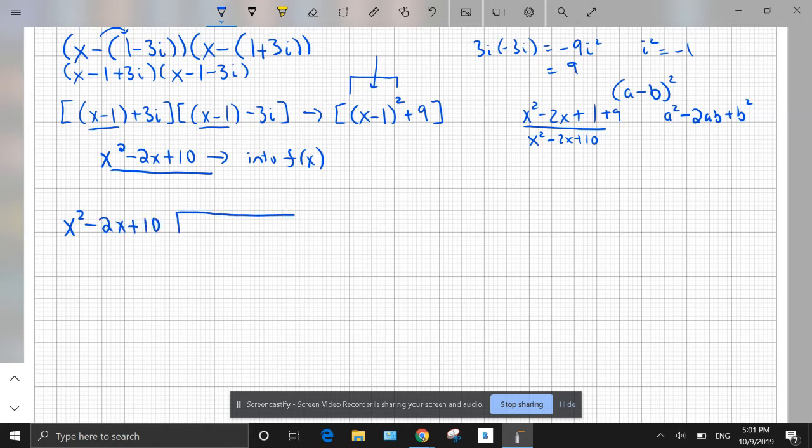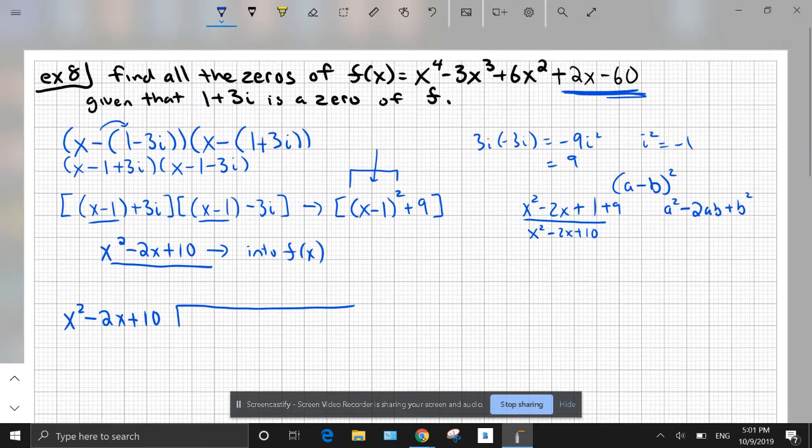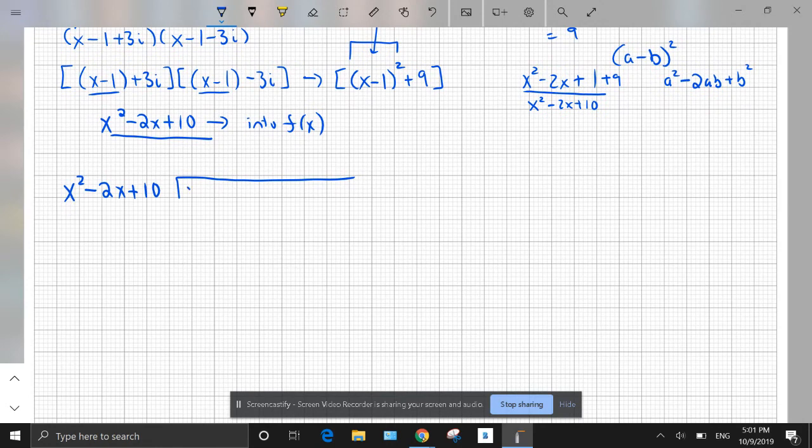Now I'm going to divide, and in here I have my equation, x to the fourth. Remember this, we take the first term from the inside divided by the first term of the outside.